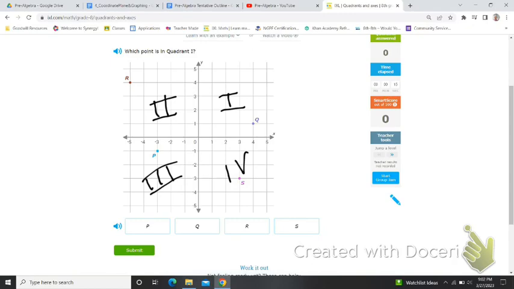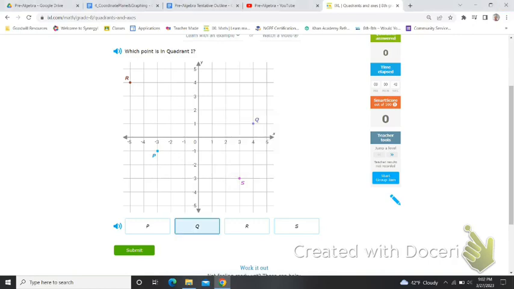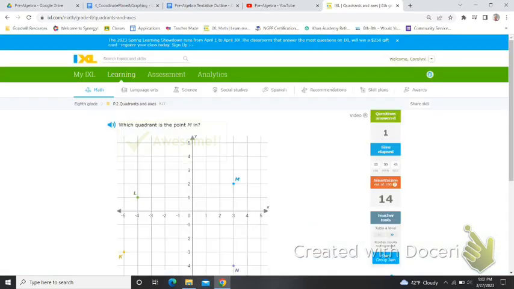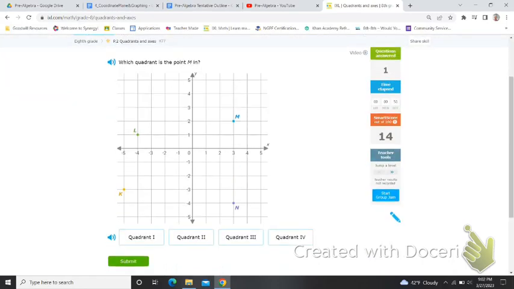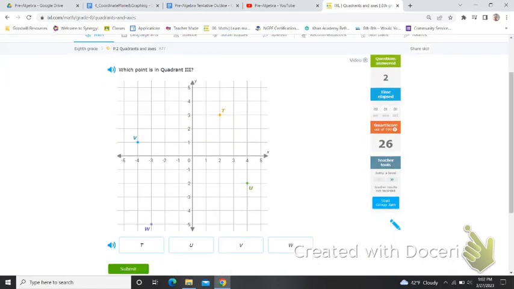So which point is in quadrant 1 would of course be Q. And then we would just click on Q. What point is quadrant M in, or point M in? That would be quadrant 1. Which point is in quadrant 3? Remember, it's 1, 2, 3, so that would be W.